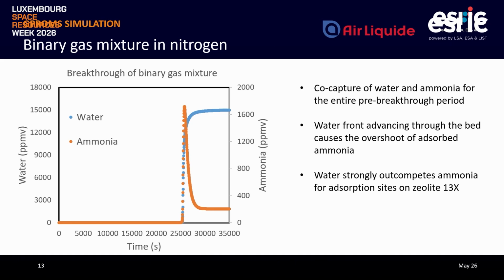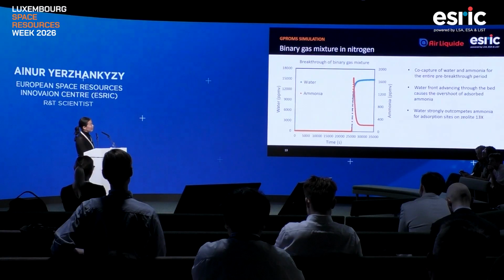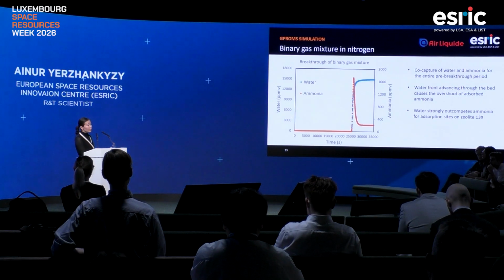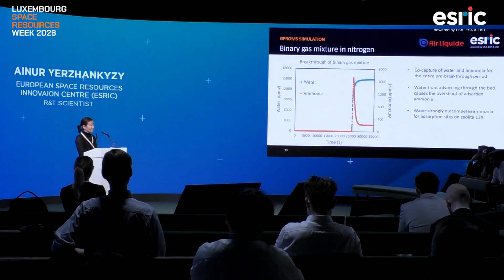That's why towards the end, when the column is more or less fully saturated, we see how water pushes out ammonia. And this explains why we have such an overshoot of ammonia concentration. For example, it goes almost above 2,000 ppm, while the feed concentration is around 200 ppm of ammonia.